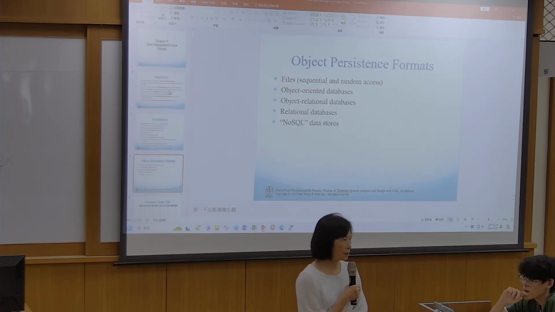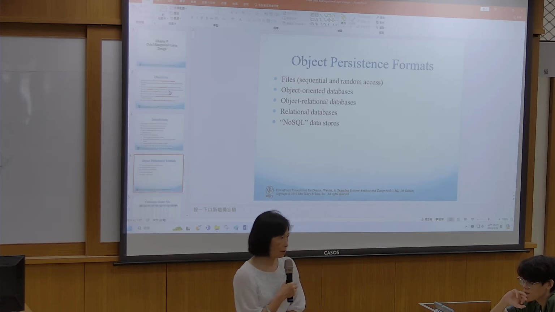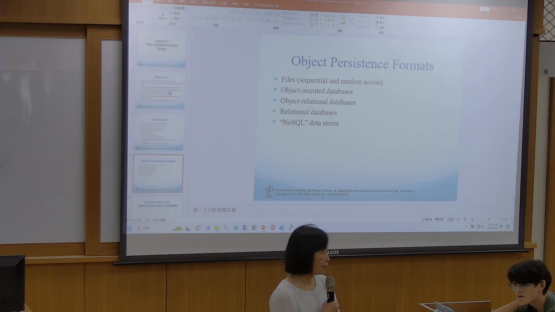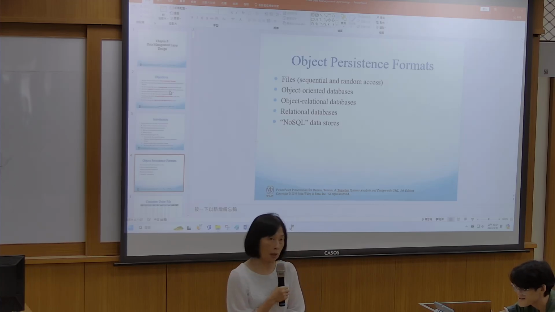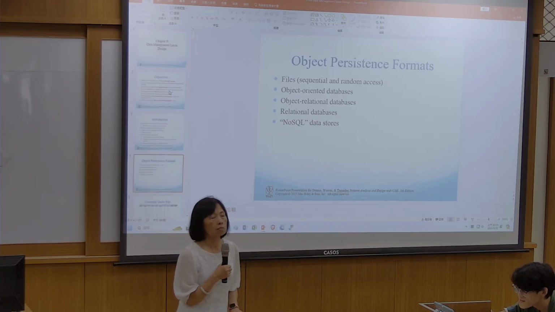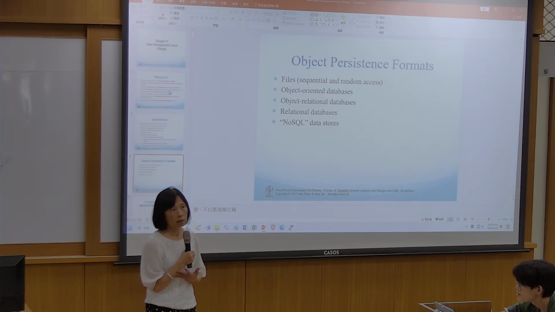Object oriented is yes. Object relational is yes. Relational is also yes. What do you think? Object oriented, object relational, and relational, are they allowed to have multiple values?